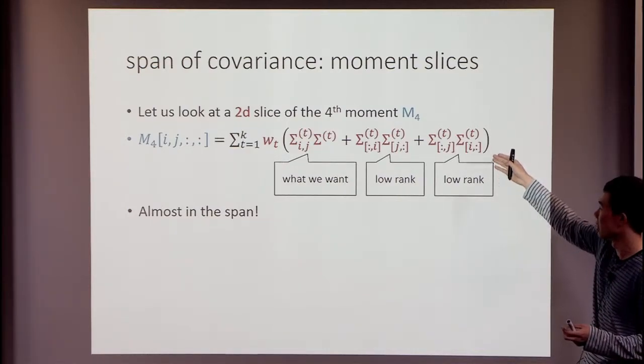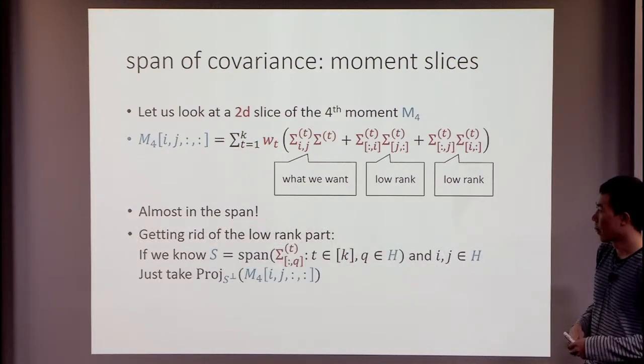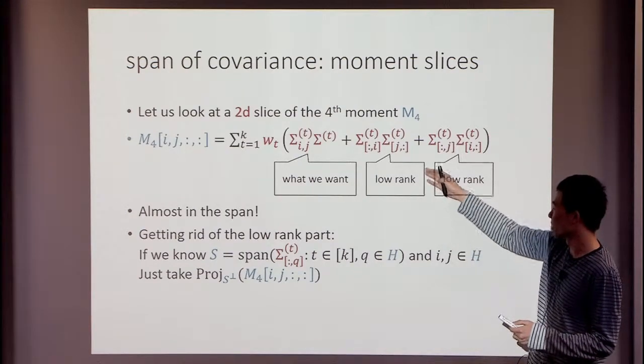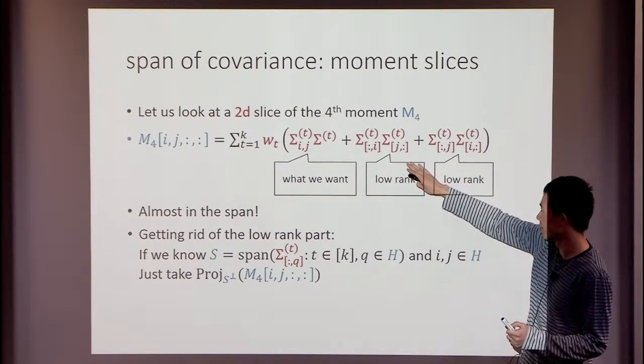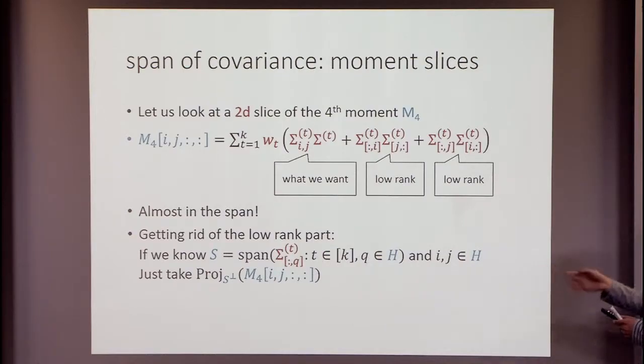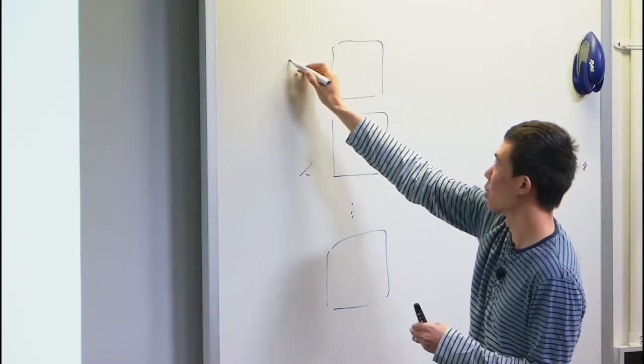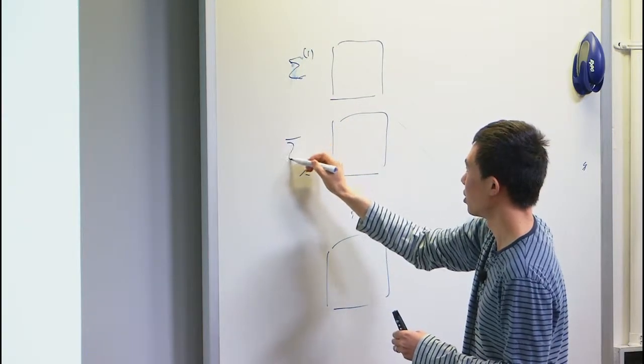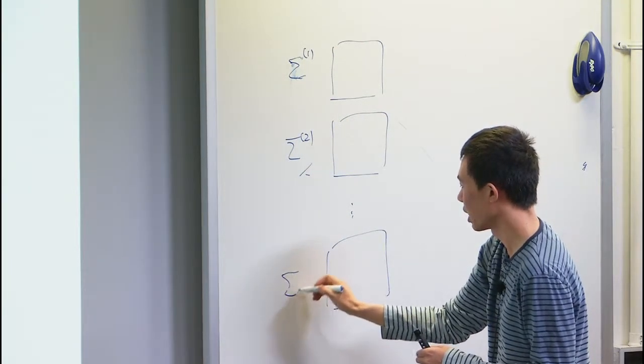So how do we get rid of these low rank terms? A simple way is to just try to project to some orthogonal subspace that makes all of them disappear. This S is not very easy to see, so let me draw a picture. Really we have these k different covariance matrices, sigma 1, sigma 2, to sigma k.